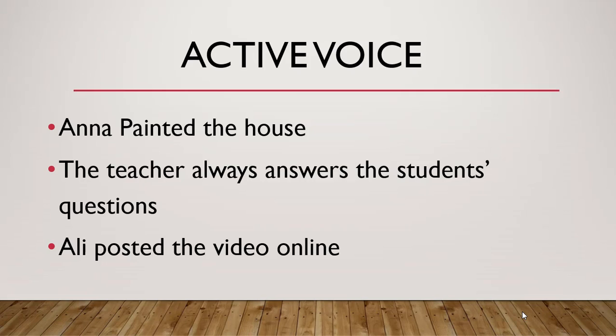You can see the order of these: subject, verb, object. So Anna, the subject, is performing the action of the verb. So, Anna painted the house is an example of an active voice sentence.